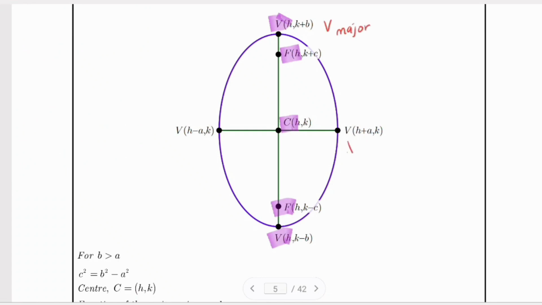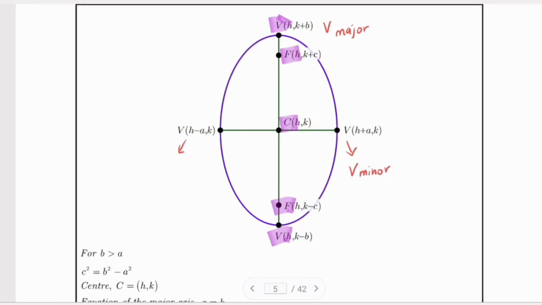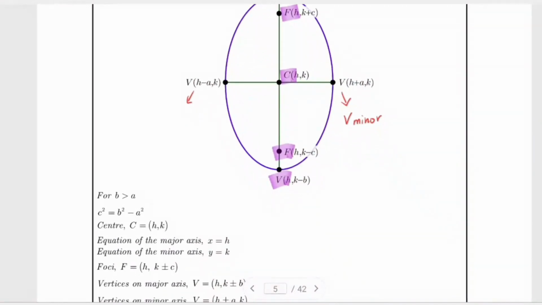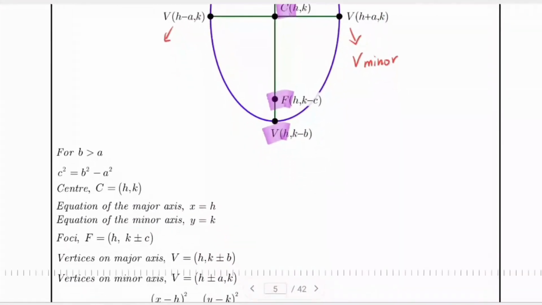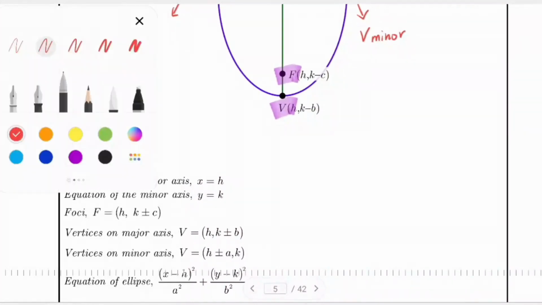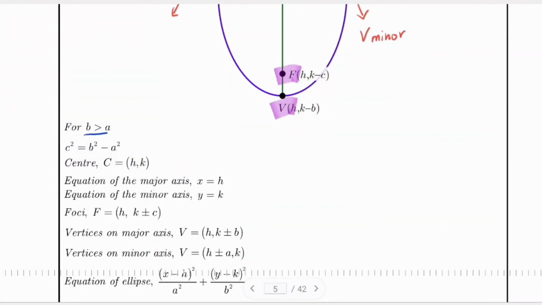The vertices over here and over here are called the vertex minor. For B greater than A, the formula to find C is C squared equals B squared minus A squared.